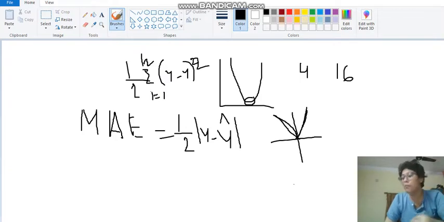Now the main agenda is Huber. Huber loss is the combination of the mean squared error and the mean absolute error.